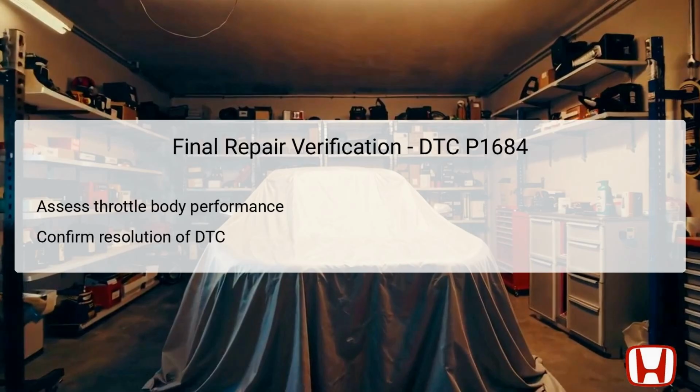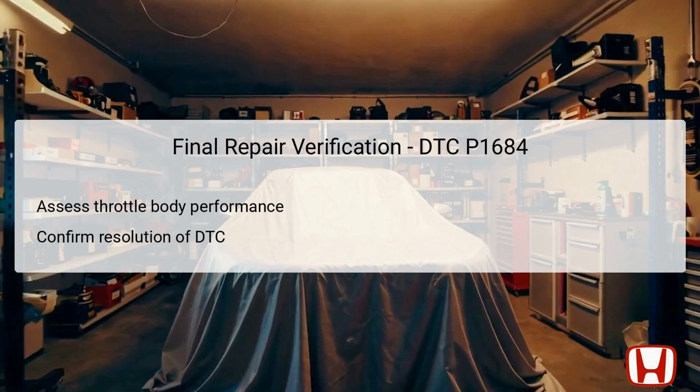P1684. After all troubleshooting steps related to DTC P1684 have been executed, thorough verification of the repairs is necessary. The technician should assess the throttle body performance to ensure that the throttle valve returns properly and operates without obstructions. Any lingering symptoms present before repair should be monitored for any reoccurrence, offering assurance that repair efforts were effective.